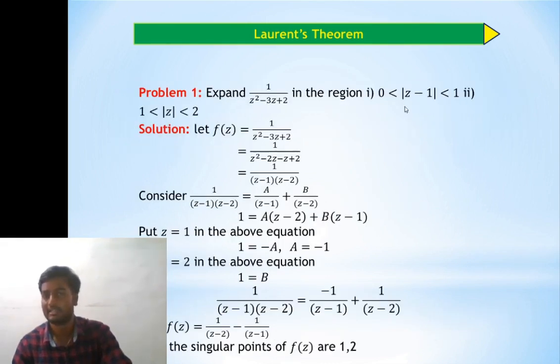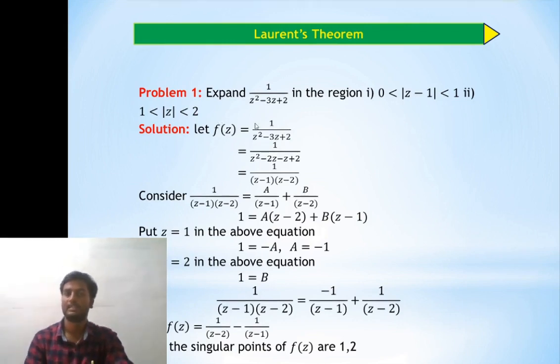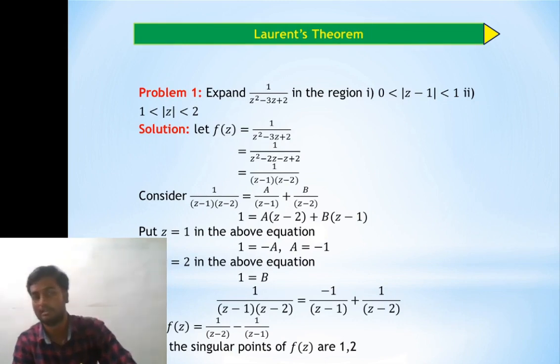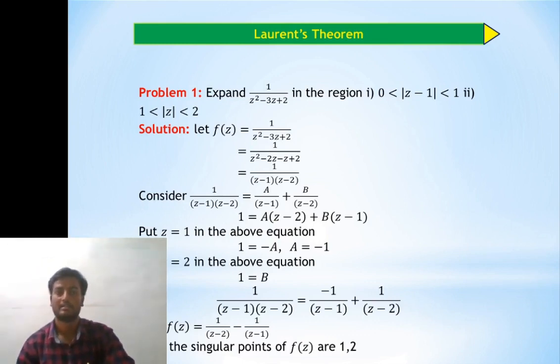Expand this in the given regions. First you have to split using partial fractions. That is 1 by (z square minus 2z minus z plus 2). That is your factorization, taking z as common and here minus 1 as common: (z minus 1)(z minus 2).